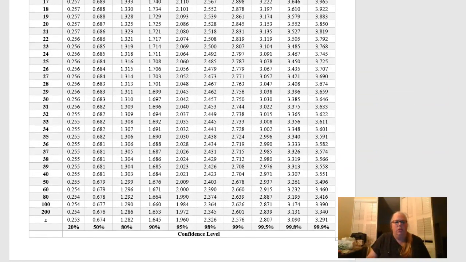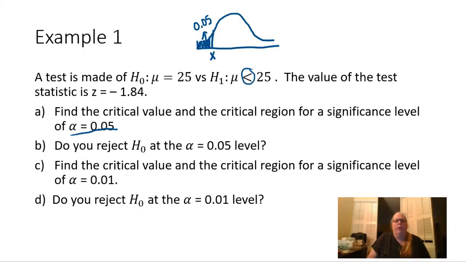So 1, 2, 3, 4. My critical value right here is going to be 1.645. And we know we want this number to be negative, and the reason that I know that is because my test statistic here is negative 1.84.